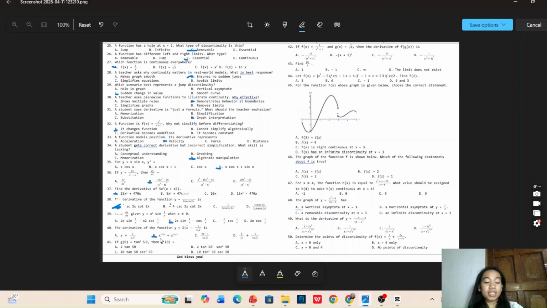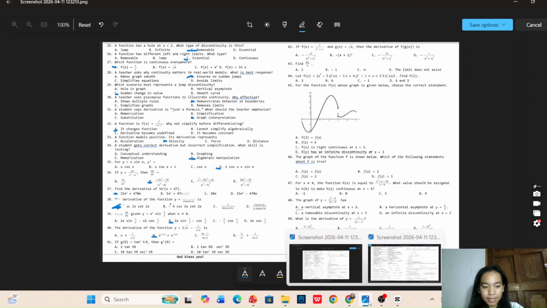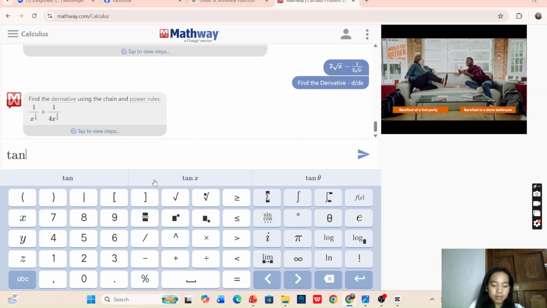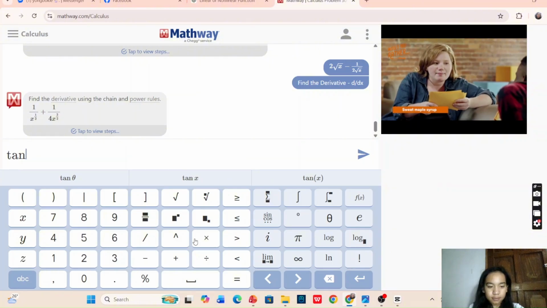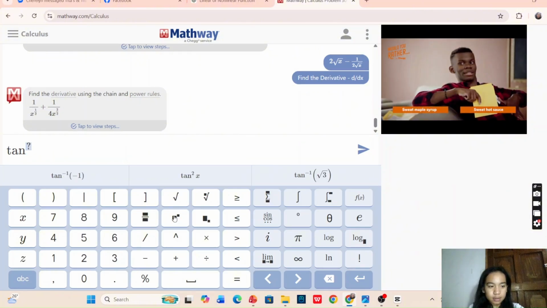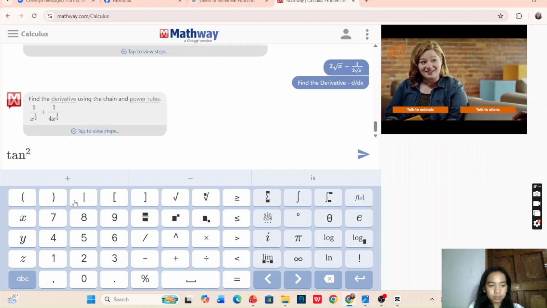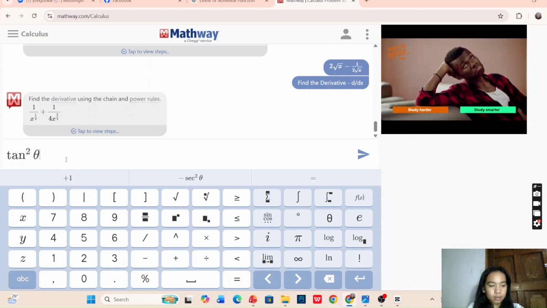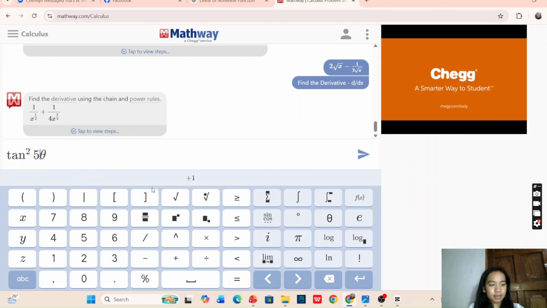Number 41, if g of theta equals tan squared 5 theta, then g prime of theta is equal to, so let's try to plug it in here: tan squared 5 theta.